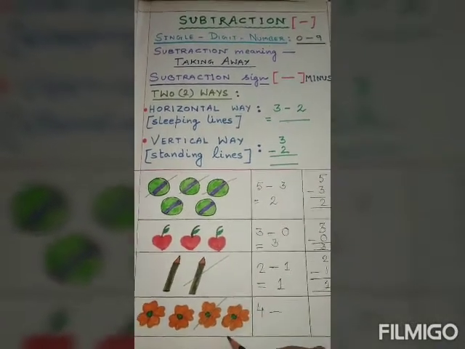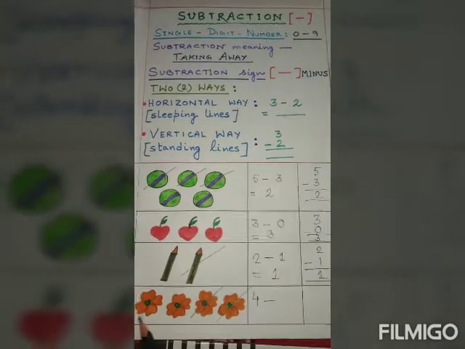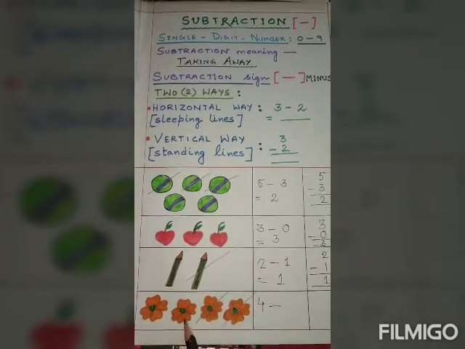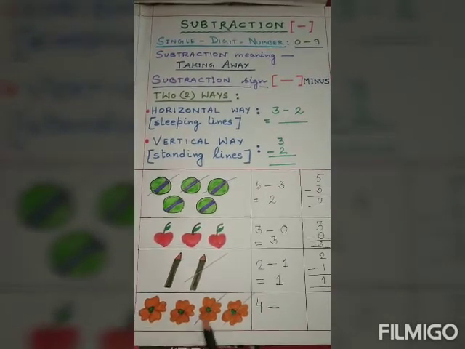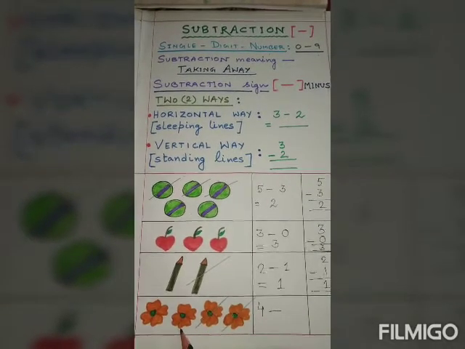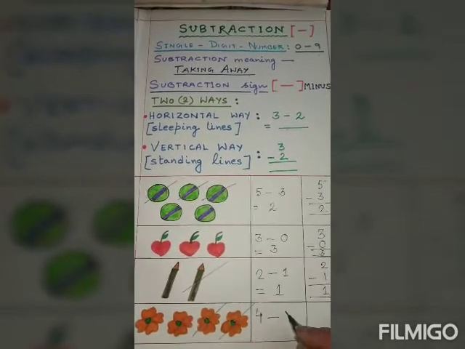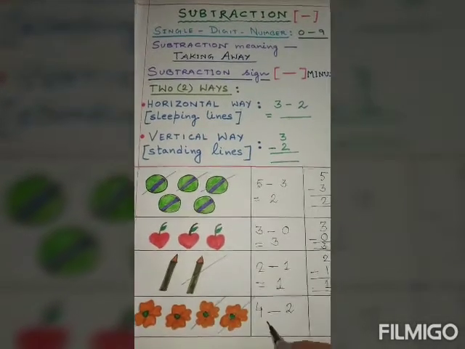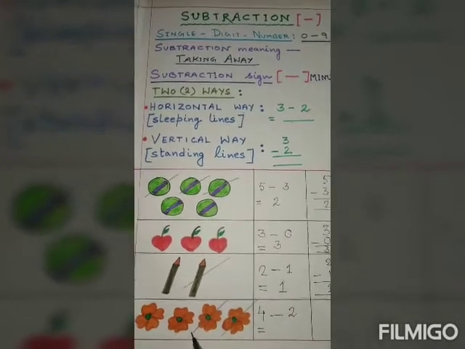Can you tell me, students, how many flowers are left? Yes, you are right. 2 flowers are left. Now we will write 4 minus 2 equal sign, and the answer will be 2.